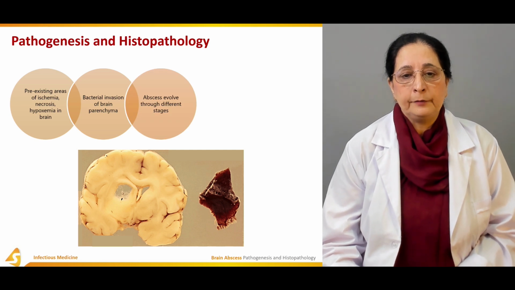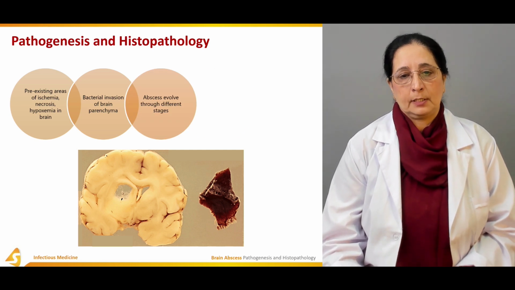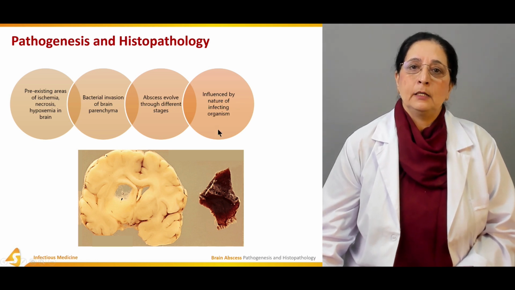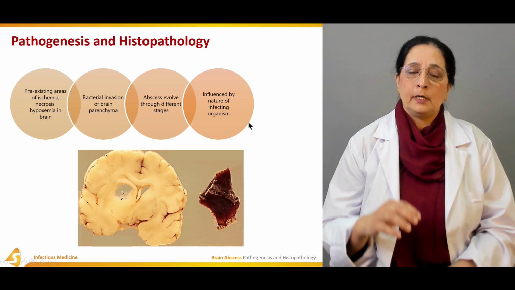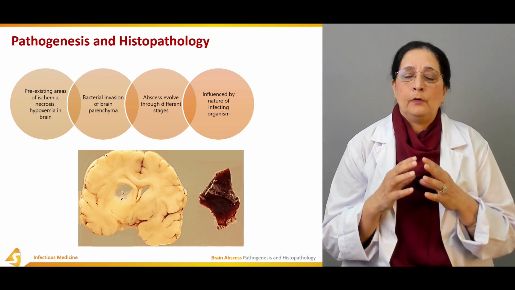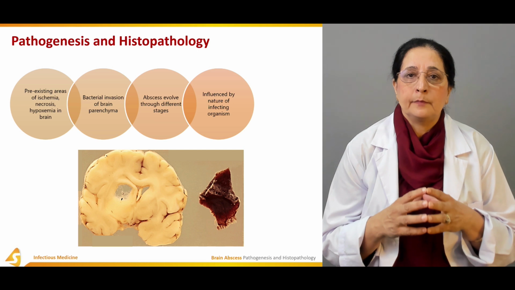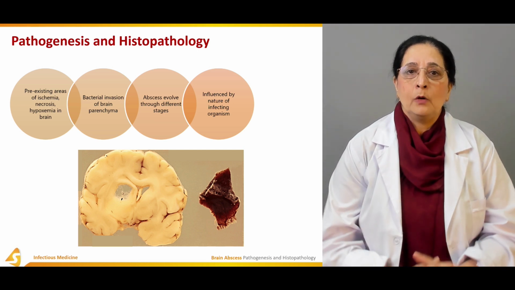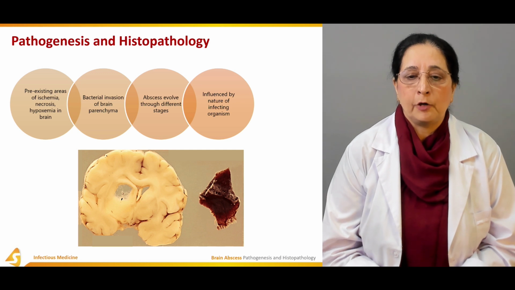The abscess evolves through different stages, influenced by the nature of the infecting organisms. So it's important that the formation of the abscess passes through different stages depending on the causative microorganism.